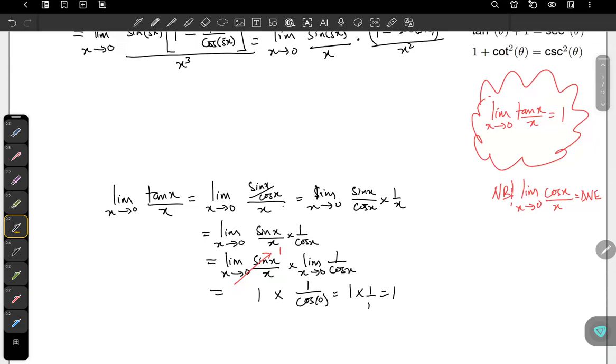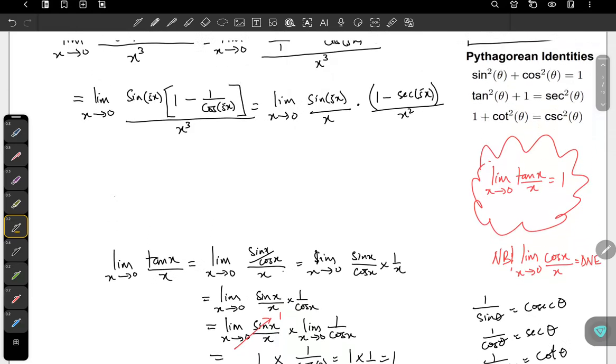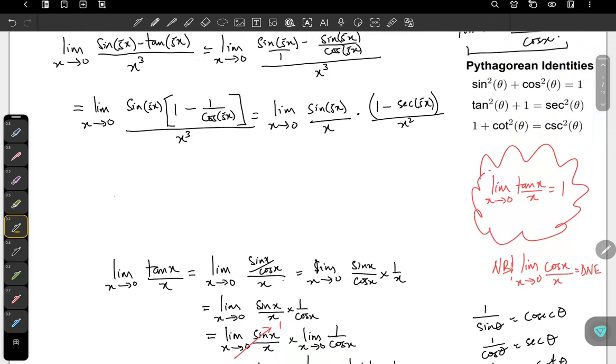We know that 1 over sine theta is equal to cosec theta, 1 over cos theta is equal to sec theta, and 1 over tan theta equals cotangent of theta. So 1 over cos 5x is equal to sec 5x.